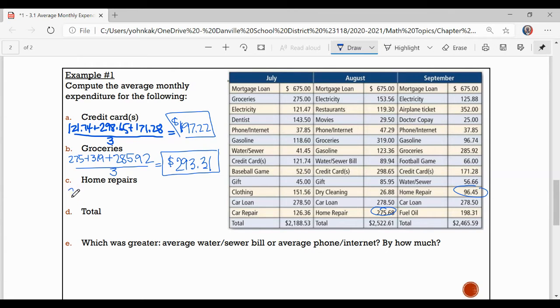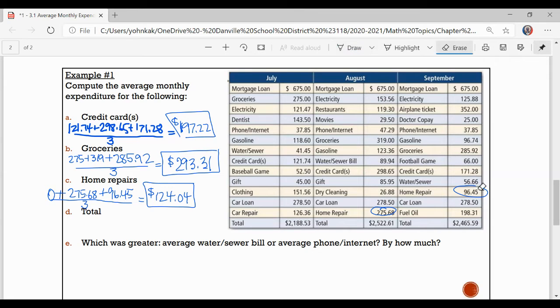So I'm going to add up 0, 275, 68, and 96.45. If I want to, I can put a 0 at the beginning. Then I'm dividing by 3 because there were 3 months. So on average, I spent $124.04 on home repairs. Sometimes there isn't one, so you just put a 0.